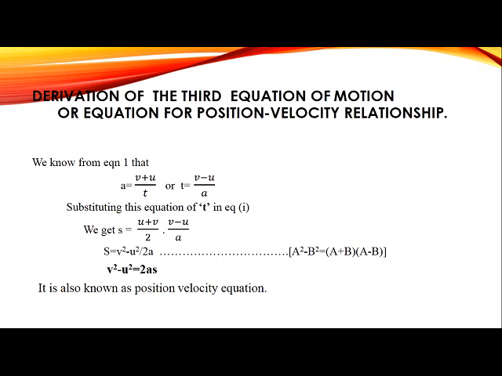In the same way, we use the same formula here and we get s is equal to v square minus u square divided by 2a. If we rearrange it, we get v square minus u square is equal to 2as, or you can also write it as 2as is equal to v square minus u square. This is also known as the position velocity equation.